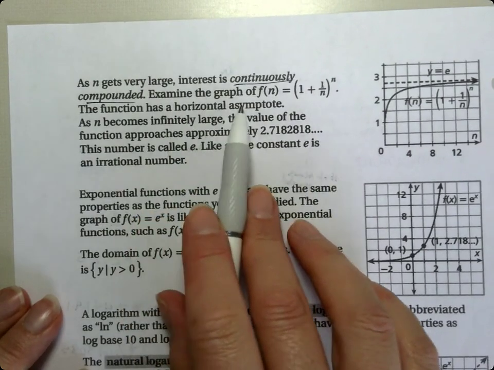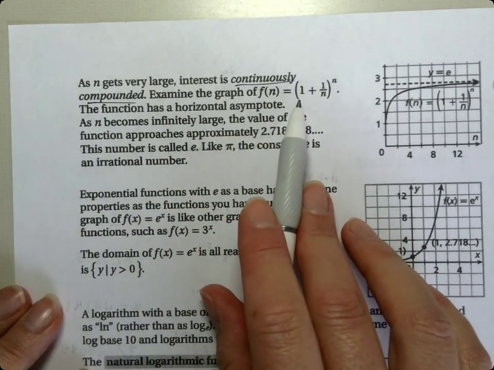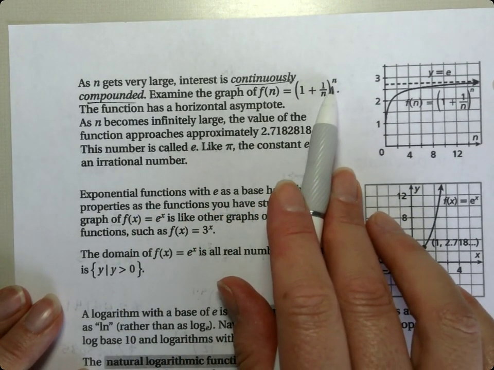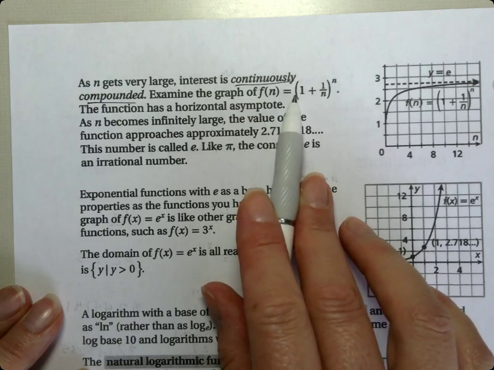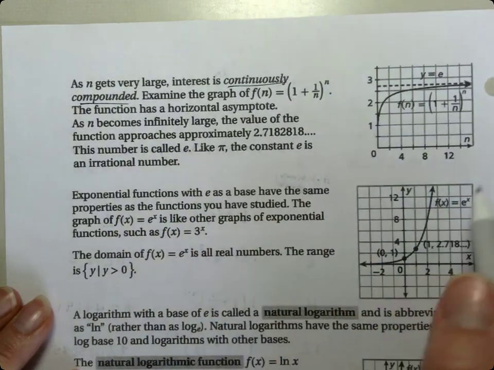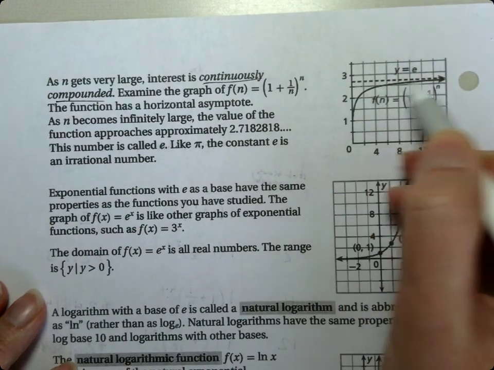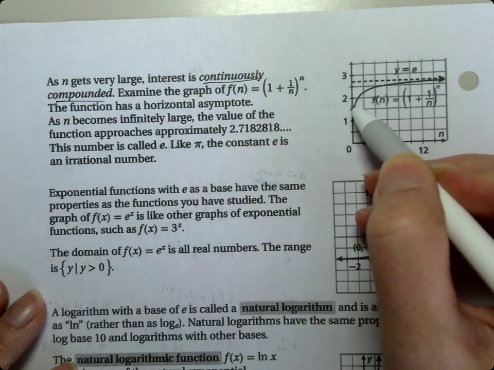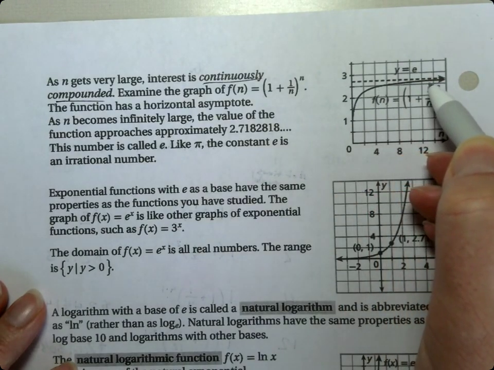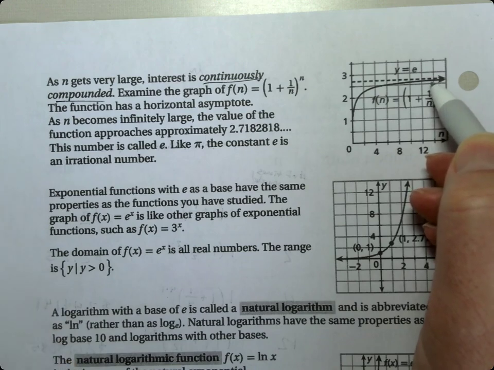And it's found by this function, 1 plus 1 over n to the power of n. That's why we started with the $1 out front. This function has a horizontal asymptote, and that horizontal asymptote is at y equals e. The graph's going to get really close to that 2.718, but it's never actually going to reach it. Okay?